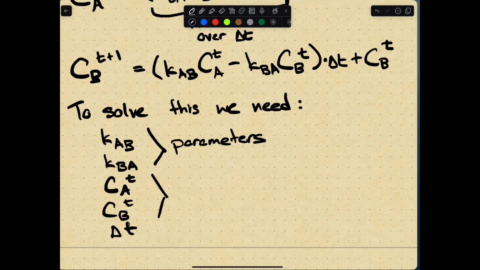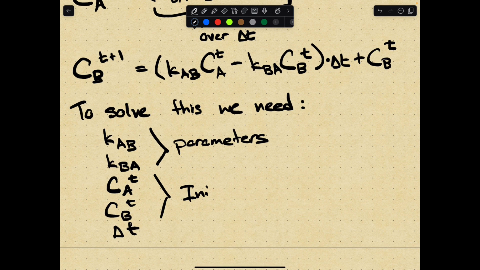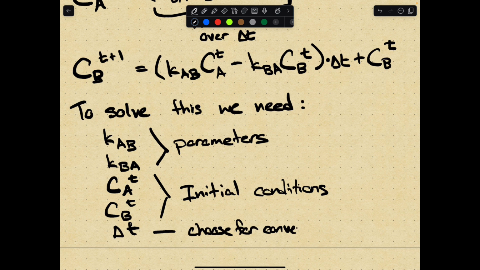These are initial conditions, ICs. Is the delta t part of that too? No, it's not. This is just chosen for convenience. We'll talk about this more next time. Stability.